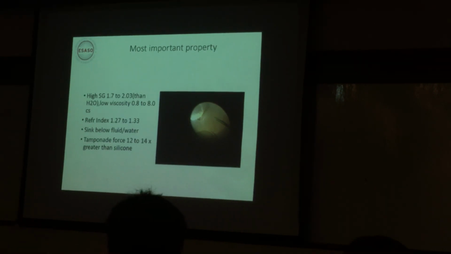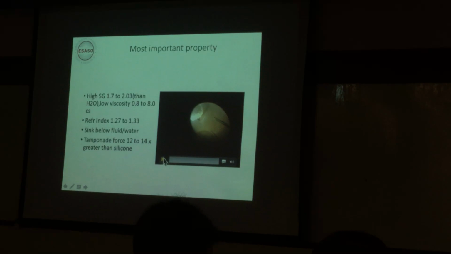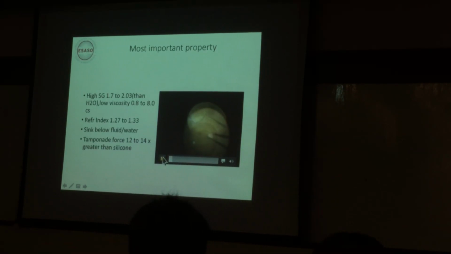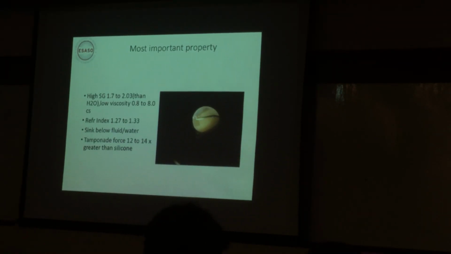So as I mentioned, the most important property is the high specific gravity of 1.7 to 2 compared to water, and low viscosity of 0.8 to 8 centistokes, so it's practically water. You can see it very clearly during surgery, and you can put it up to where you want, usually up to the edge or beyond once you have completed the vitrectomy.